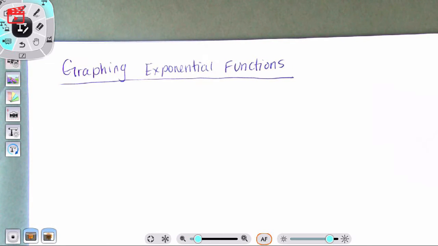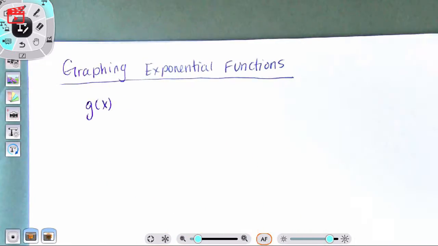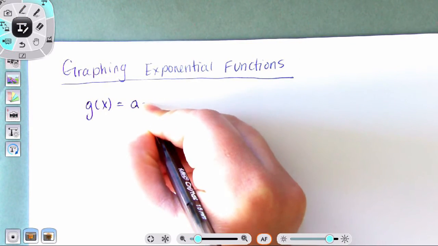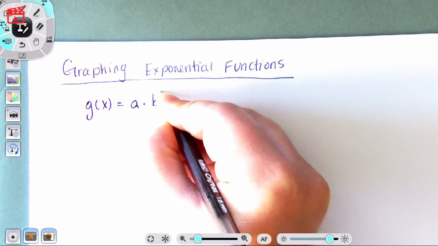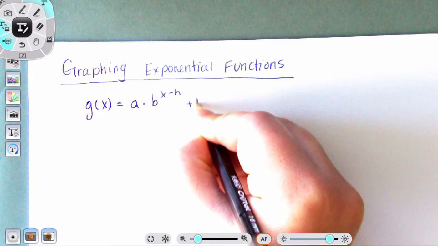Okay, so the first thing you're going to want to know is your general formula. The general form looks like this: g of x is equal to a times b to the x minus h power plus k.